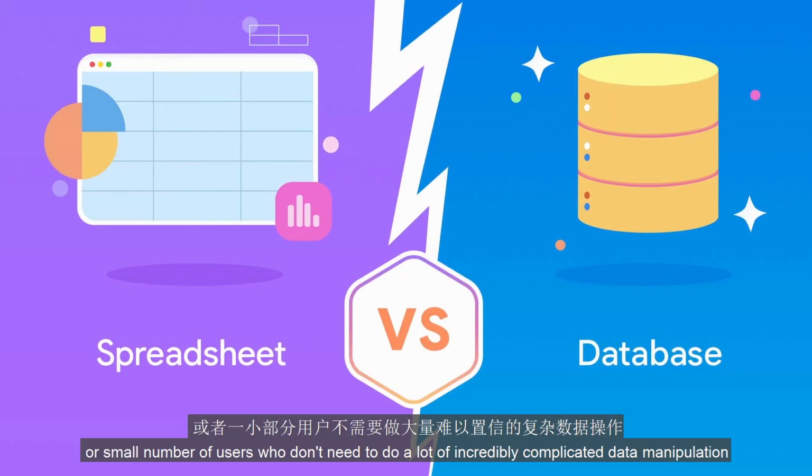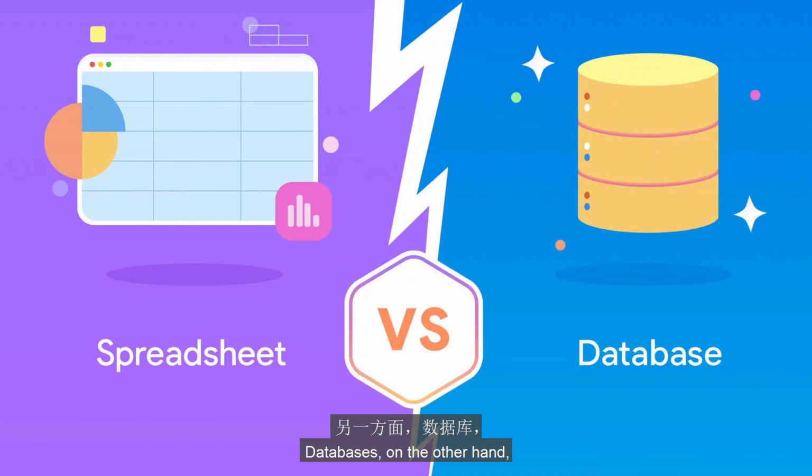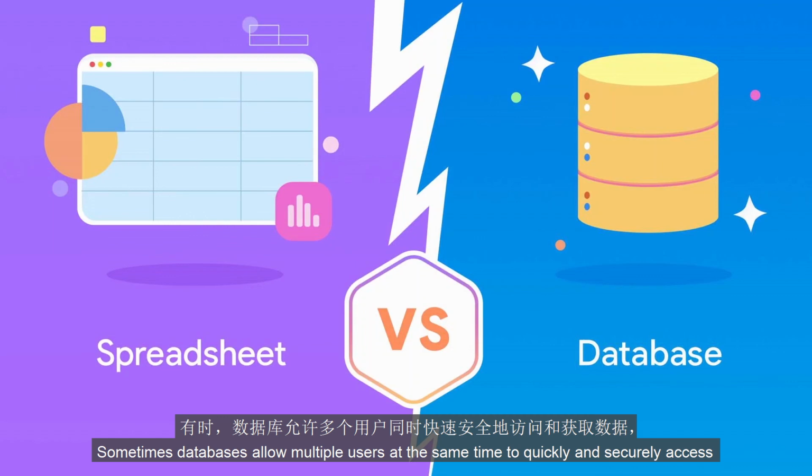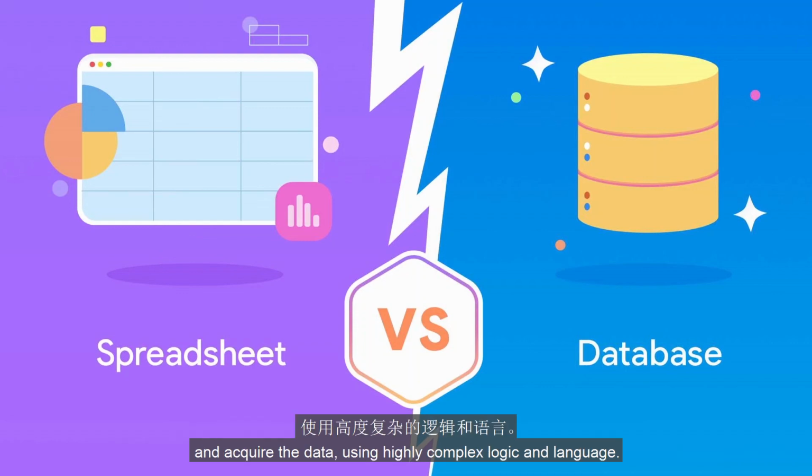They are great for a single user or small number of users who don't need to do a lot of incredibly complicated data manipulation. Databases, on the other hand, are designed to hold much larger collections of organized information, massive amounts. Sometimes, databases allow multiple users at the same time to quickly and securely access and query the data using highly complex logic and language.